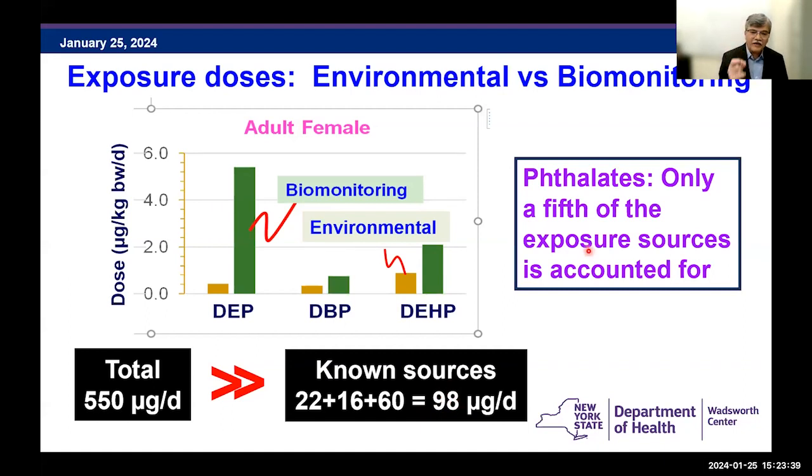So only 1/5 of the phthalate exposure is accounted for from the known sources. So there are many unknown sources. We have been studying phthalates for more than 20 years, but still there are many unknown exposure sources. In other words, the exposures are not well characterized, even for phthalates.